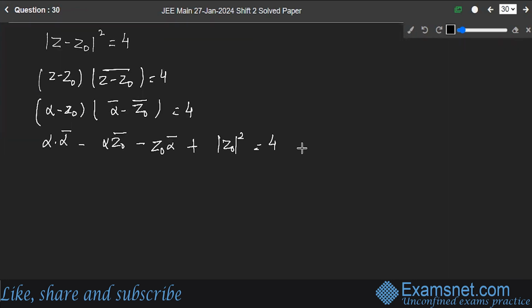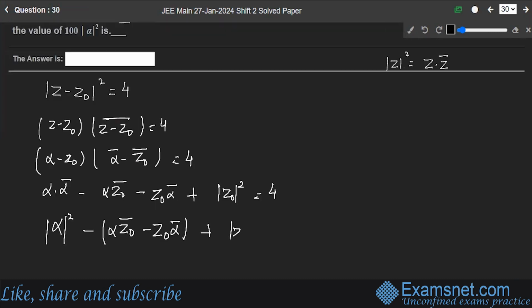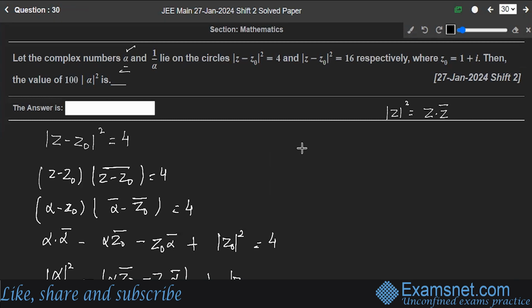So already that's alpha modulus square minus alpha z naught conjugate minus z naught alpha conjugate plus z naught modulus square. I know the z naught, right? So here z naught is equal to 1 plus iota.